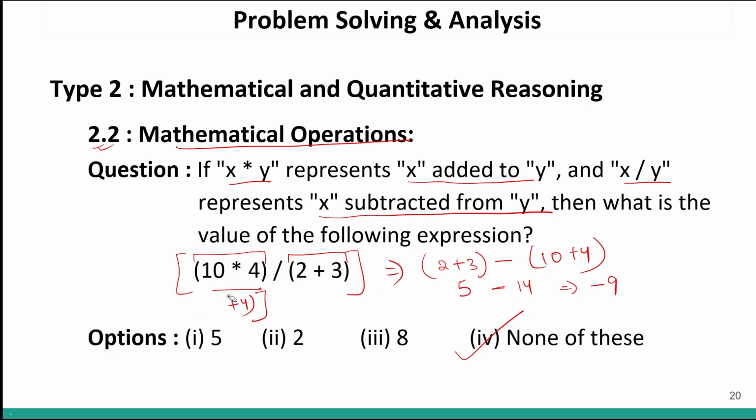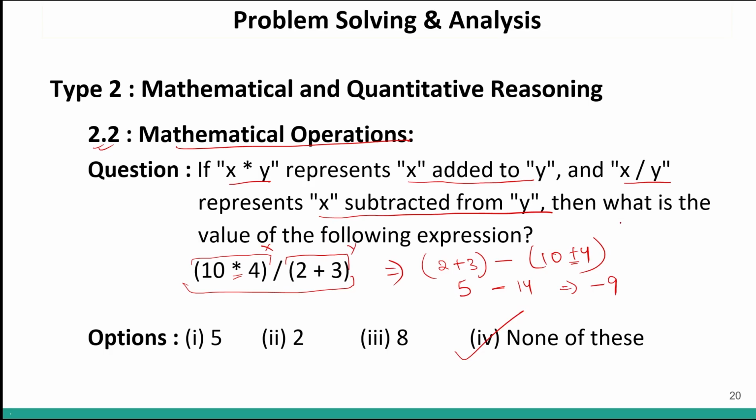Basically, we were given an equation. This is the equation that we were given. Now we were given that x into y means that x is added to y. So instead of the into sign, we will put the addition sign. Let's say this is element x and this is element y.